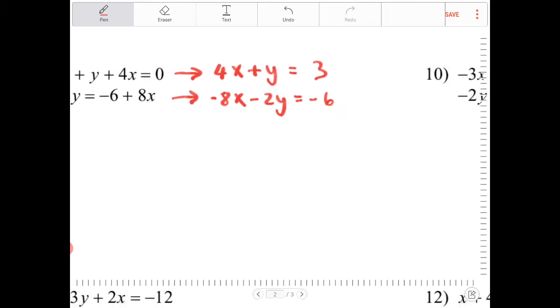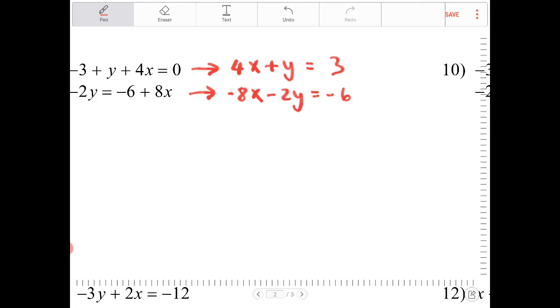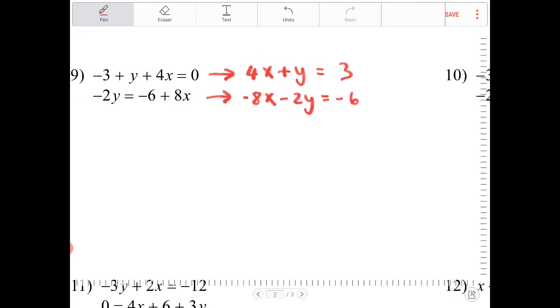If you recall from days of Algebra 1, we need to have the coefficients of the variable that you're trying to eliminate be the same value but of opposite signs. So I'm going to make a choice to either eliminate x or eliminate y. In this case, I'm going to eliminate y.